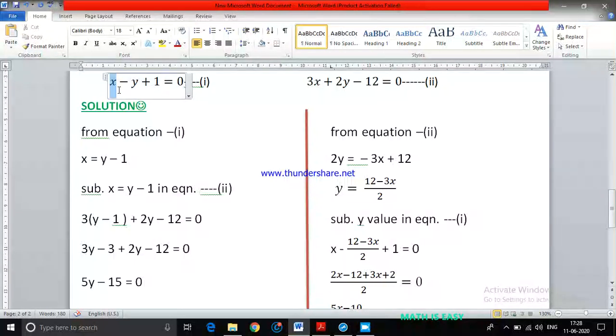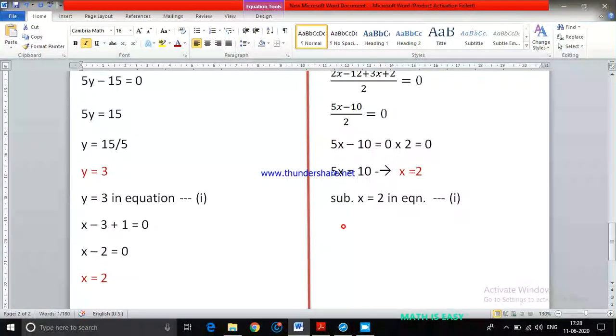If I substitute x equals to 2 here, I write 2 minus y plus 1 equals to 0. So after simplifying this one, 2 plus 1 is 3. So 3 minus y equals to 0. Then at last if I simplify, my final answer is going to be y equals to 3.